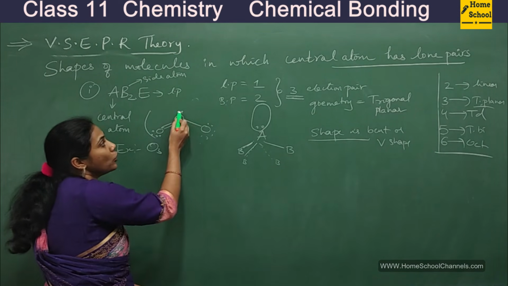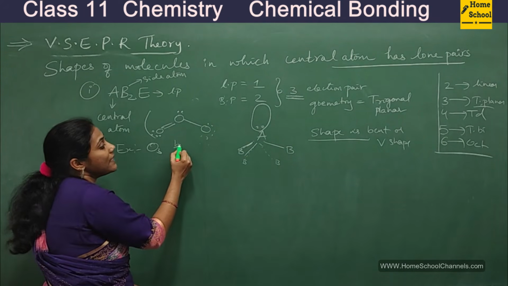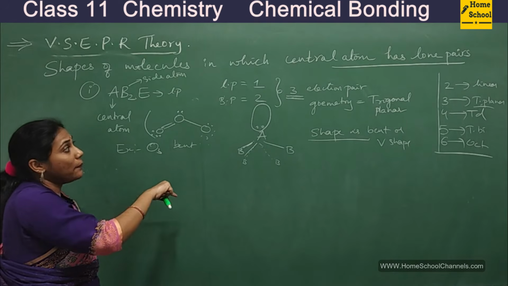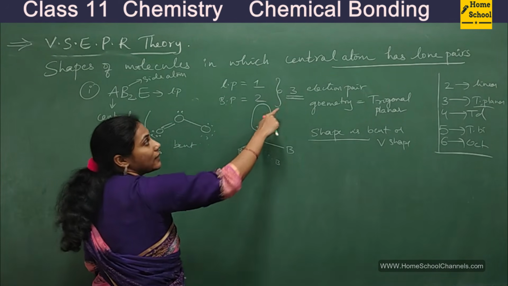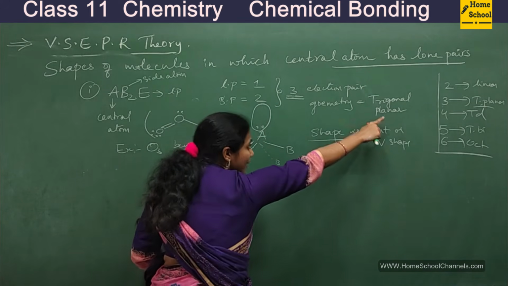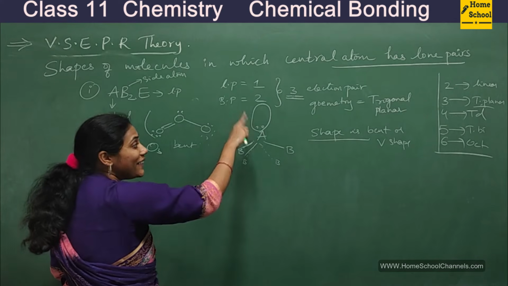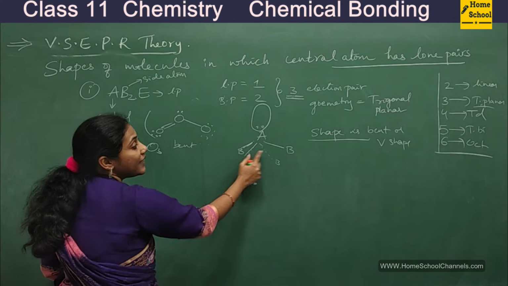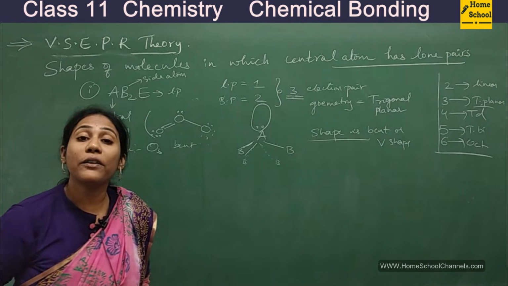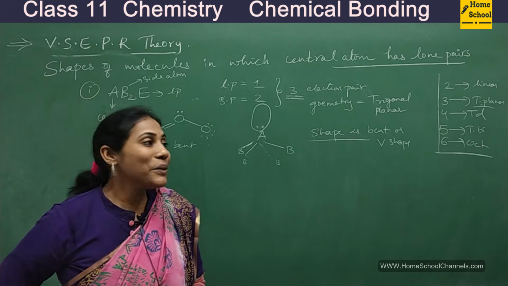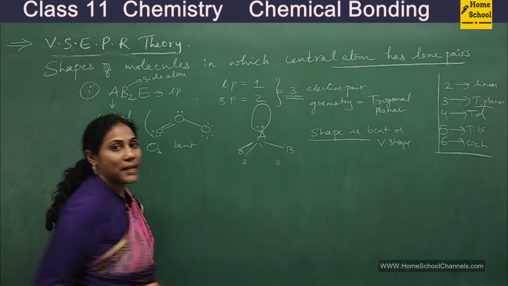Bond pairs are 2, lone pairs are 1. So in that case, what will be the shape? Shape is bent shape. But what is the geometry? For geometry, you have to consider both lone pair and bond pairs together. That is 3. So geometry is trigonal planar, but shape is different. Because of this lone pair interference, the bonds have slightly moved near and the shape has become bent shape or V shape. So this is how the lone pairs actually affect the shape.